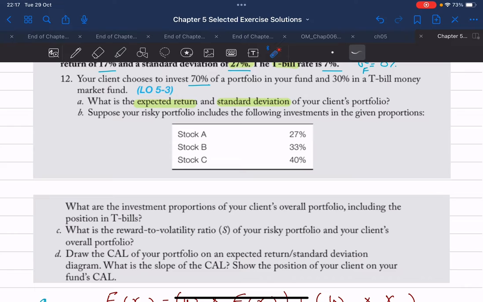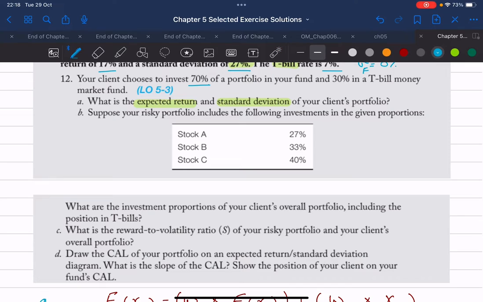It says, suppose your risky portfolio includes the following investments in the given proportions: stock A, 27%, stock B, 33%, and stock C, 40%. Now bear in mind, these are the proportions of each stock within the portfolio, so these are not expected returns.